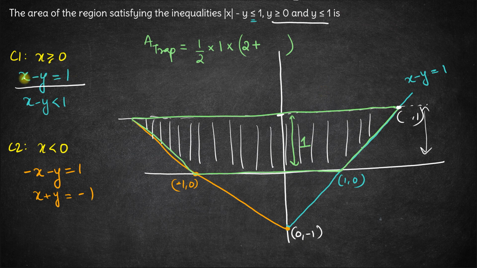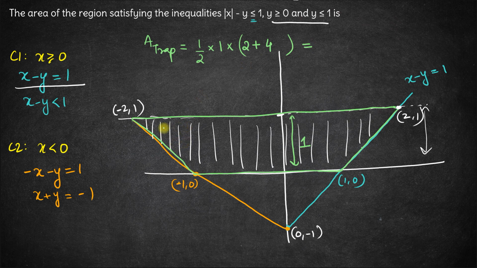If y is 1, we have x minus 1 is 1. So x comes out to be 2. And similarly, if you put y equals 1 here, x comes out to be minus 2. So these 2 points are minus 2 comma 1 and 2 comma 1. So this distance is 2 units and this distance is also 2 units. So the bigger parallel side of the trapezium is effectively 4 units.